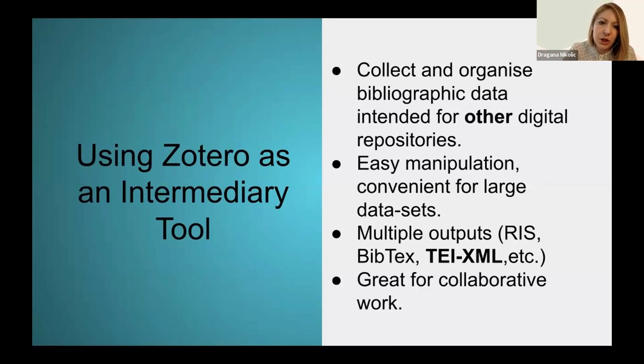It can be a big job, but it can be useful if you can use Zotero to skip the step of typing in bibliographies and then encoding them by hand, or if you want to use them in some different type of repository that allows importing. Zotero can be really good because manipulation of data is very easy, as you will see.